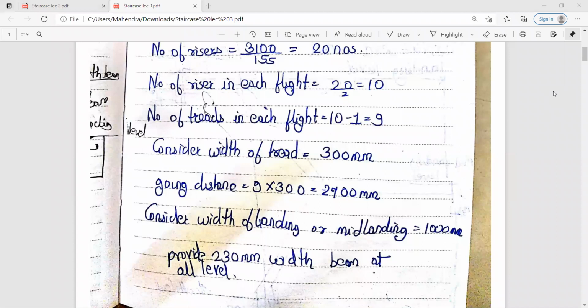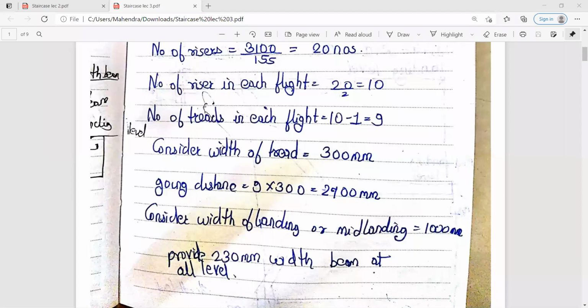Now you need to provide 230 millimeter wide beam. अभी उन्होंने यहाँ पे again they have not mentioned the thickness of the beam. How much beam thickness you have to provide. So again we are going to assume that 230 millimeter wide beam is to be provided at all the levels.